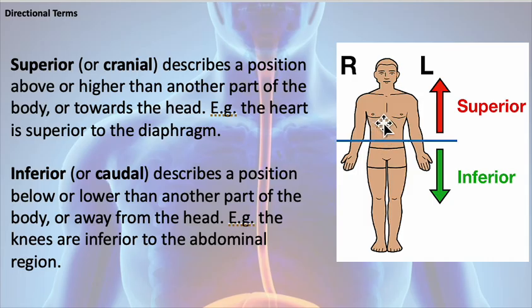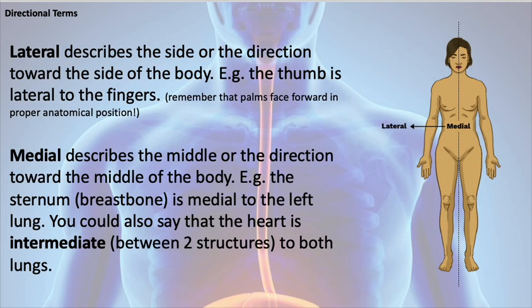But if someone is lying down on their side, sometimes it can also be said that the diaphragm is more caudal, meaning towards the tail, than the heart. So these words can be used interchangeably, though.